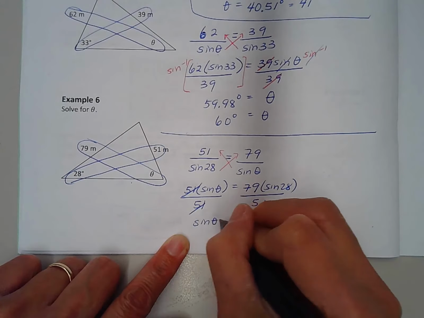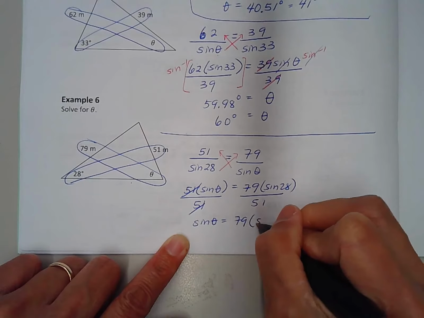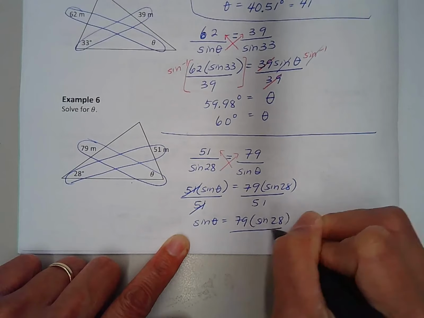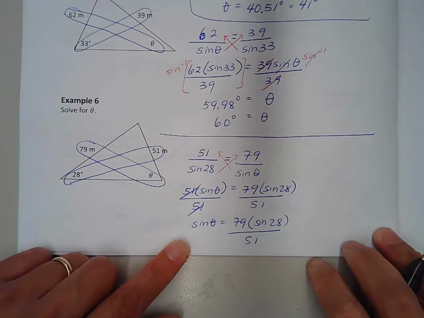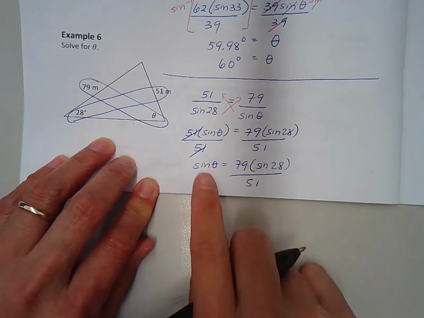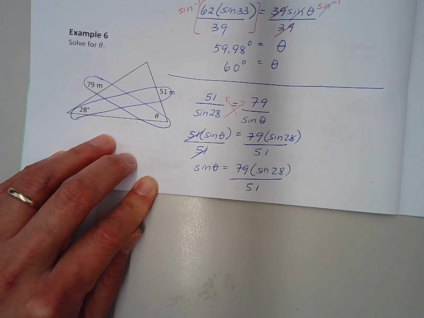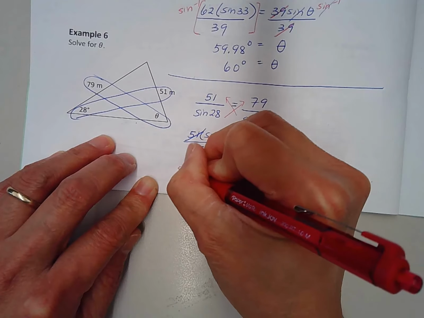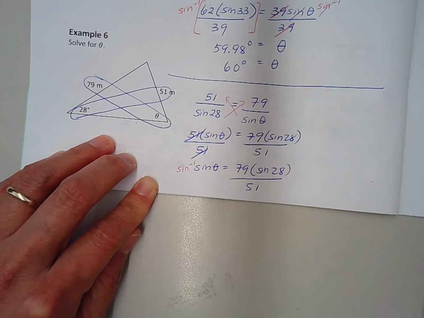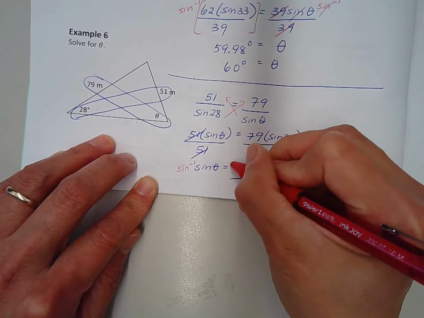So you're left with sine theta equals 79 times sine of 28 divided by 51. To get rid of the sine, we have to reverse it, called inverse sine, sine inverse. So you're going to sine inverse all of these.